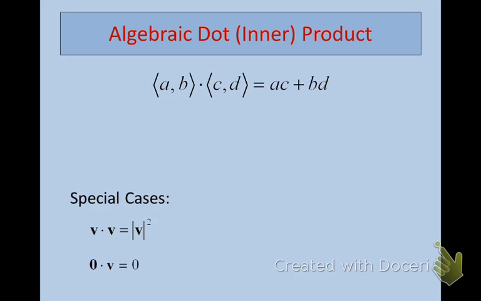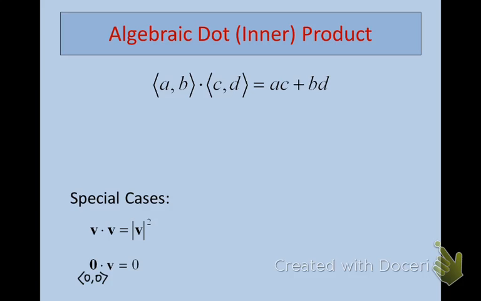The other special case is if you have a zero vector. Notice that this is bold and this is not. Bold means vector. The zero vector means basically a vector where both components are 0.